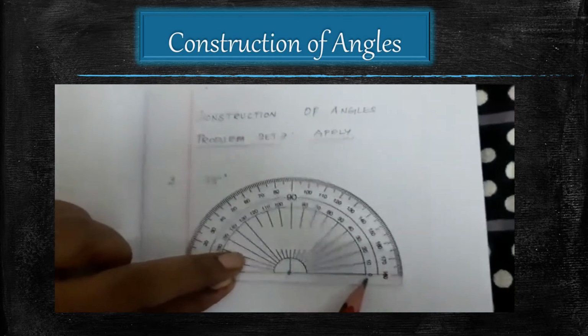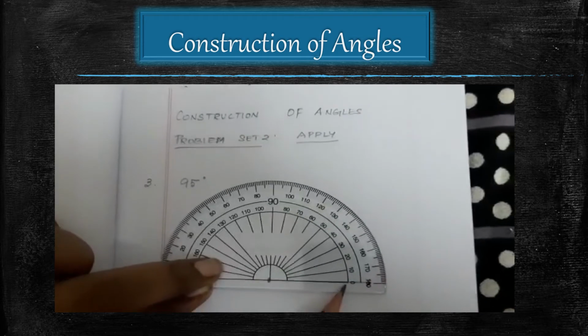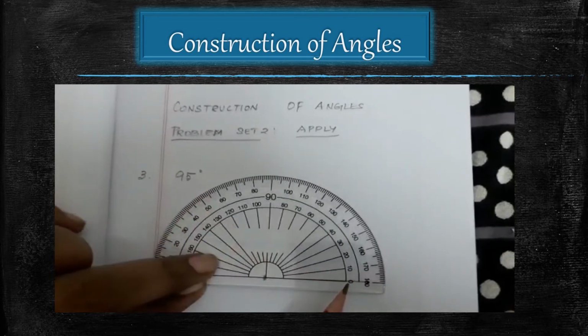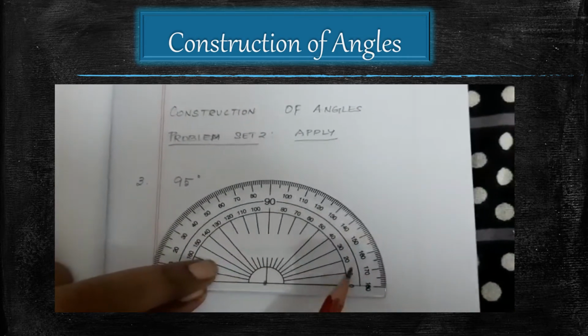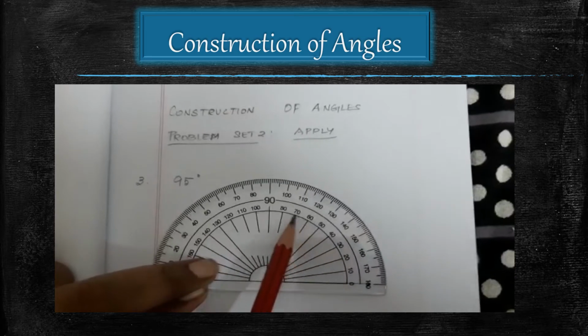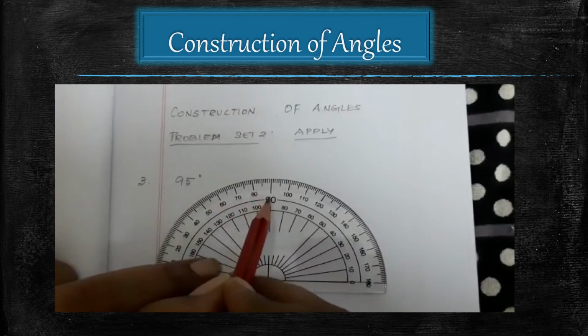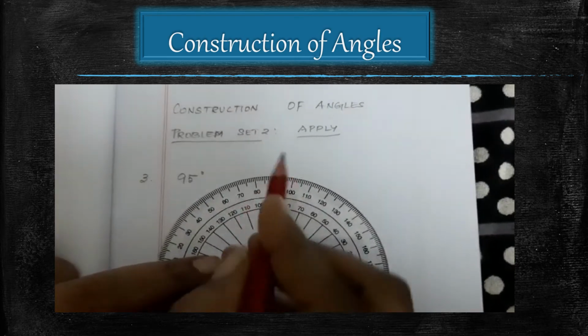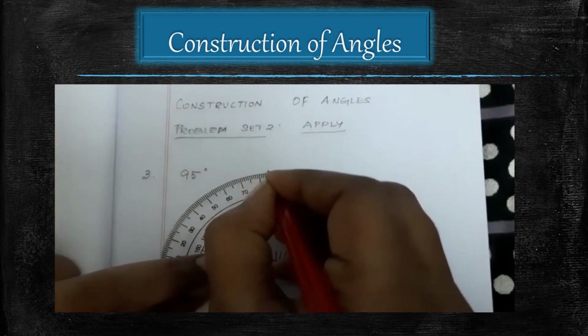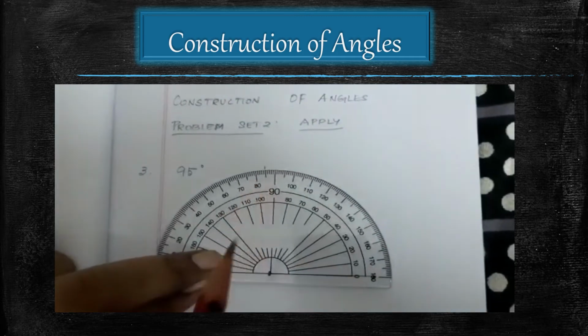Now my arm and 0 degree coincide. Let us start measuring 95 degrees using this protractor. 0, 10, 20, 30, 40, 50, 60, 70, 80, 90. Ours is 95. So 90 and 95 is here. Kindly mark a point exactly at 95.